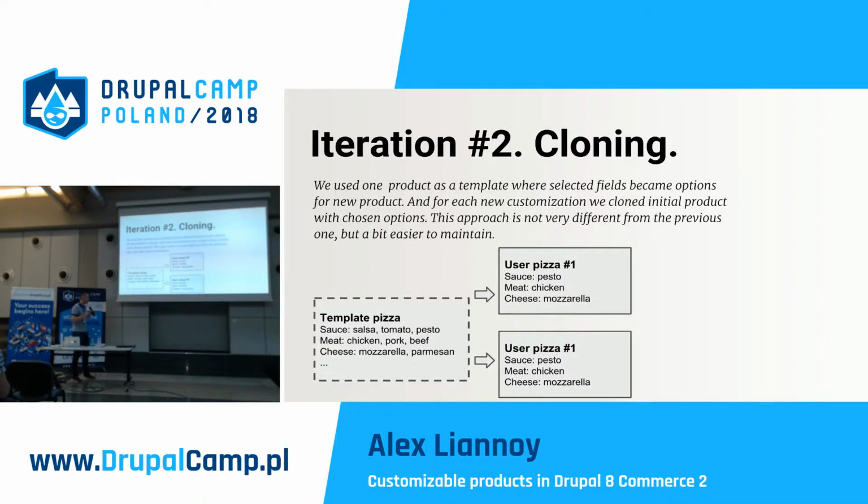On the next iteration, we tried to move a bit forward and tried to clone the products. So we just pre-configured a template one with all possible options, with all possible things that a customer may select.